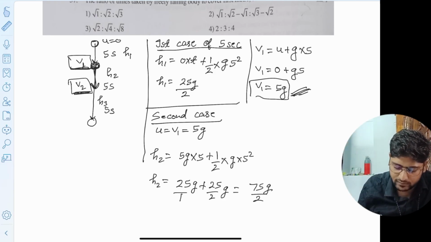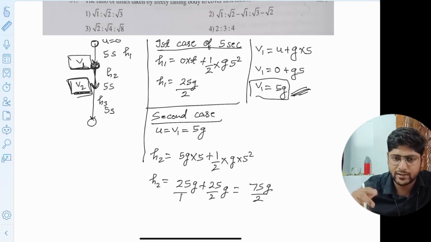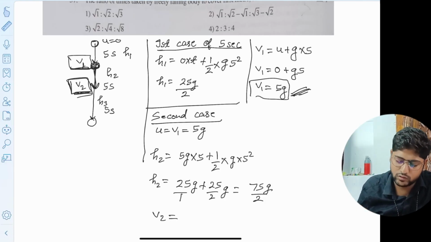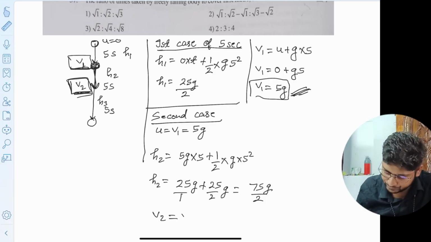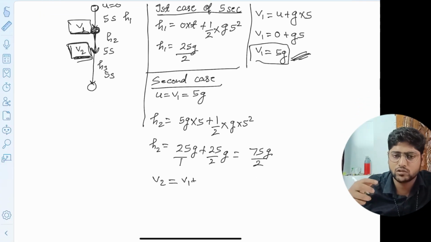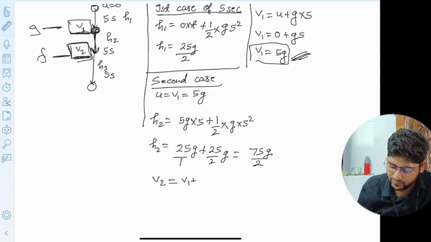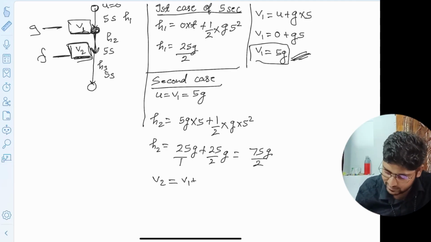Okay, now when it again falls from v1, here velocity will be v2. When the third motion is there, initial velocity will be v2. So v2 equals what? Final velocity v2 equals initial velocity v1 plus at, acceleration g into time 5 seconds.